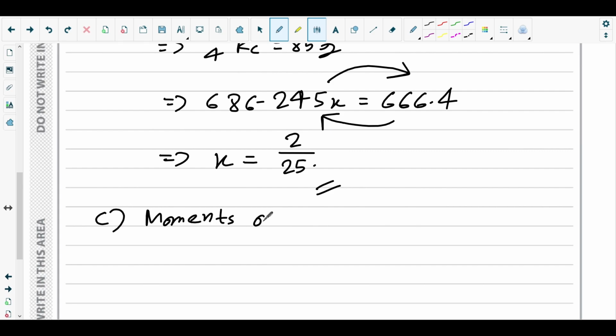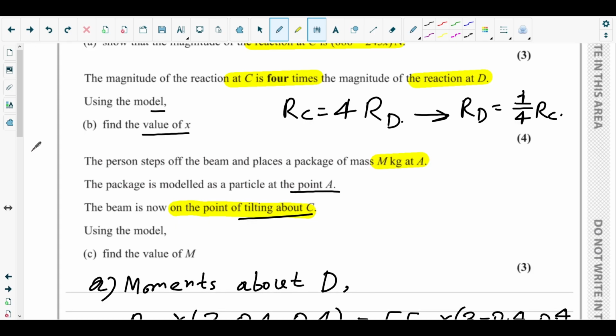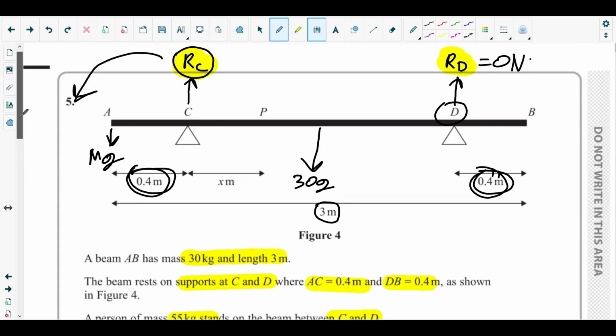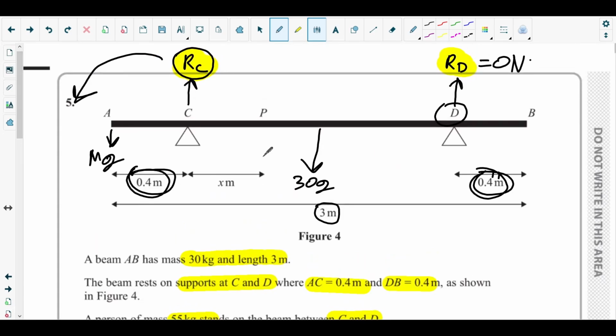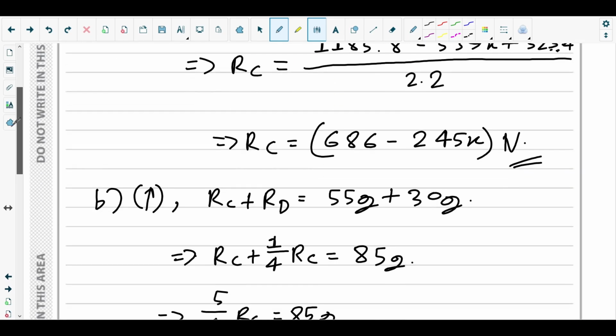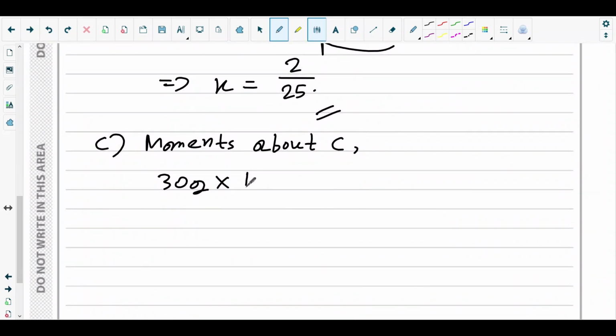If you consider moments about C, what's the clockwise moment? It is the weight of the beam, which is 30g, times its perpendicular distance. 1.5 minus 0.4 gives 1.1. This is clockwise.